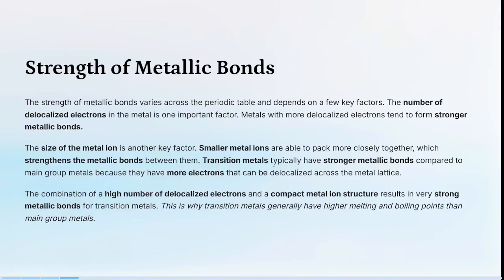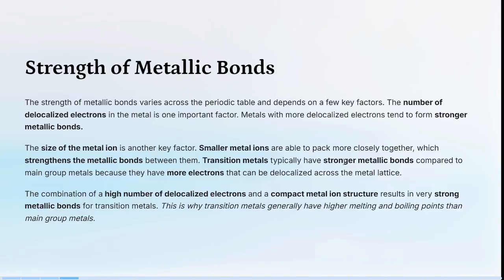So transition metals typically have stronger metallic bonds compared to main group metals because transition metals have more electrons that can be delocalized across their metal lattice. So it's the same idea of more electrons leading to stronger bonds.